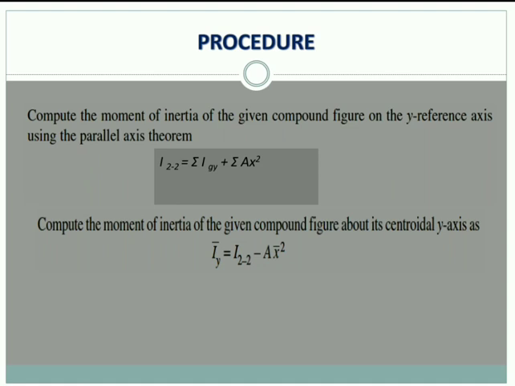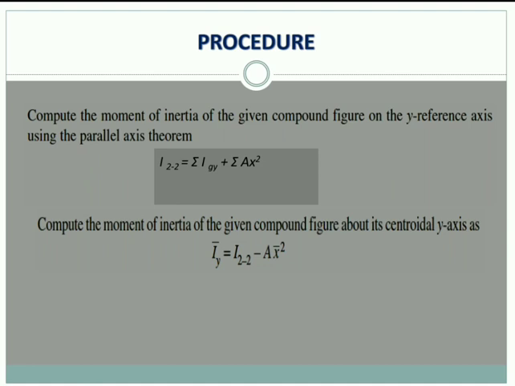Extra columns will be A x square, A y square, then Igx and Igy, which represent the individual moments of inertia of the elements. Then we apply the parallel axis theorem and we get Ix and Iy. In some given examples, if the centroidal axis is directly given, there is no need for I11 and I22. Directly we can go for Ix and Iy.